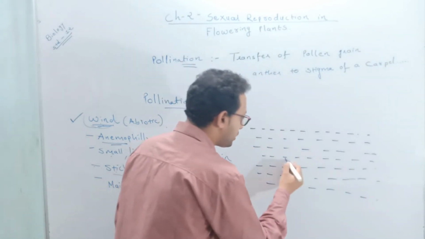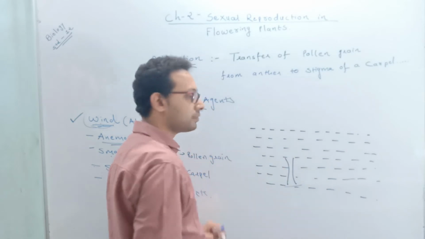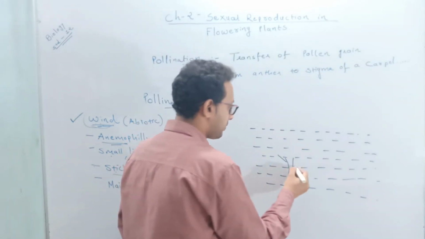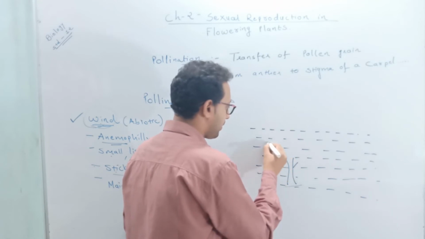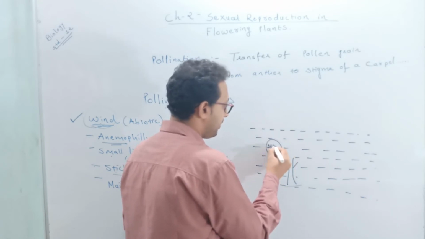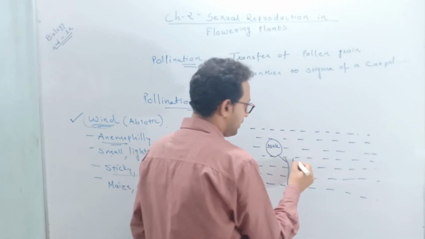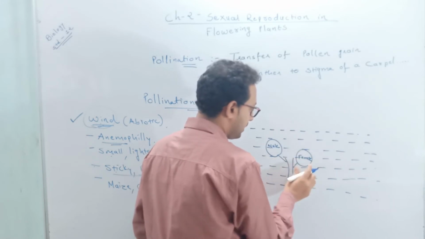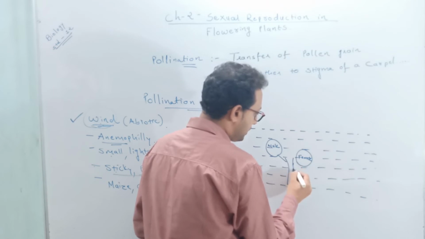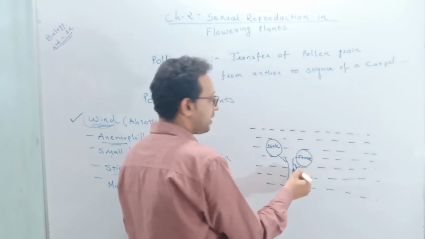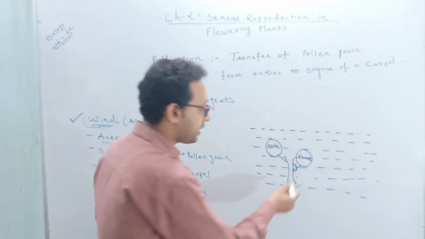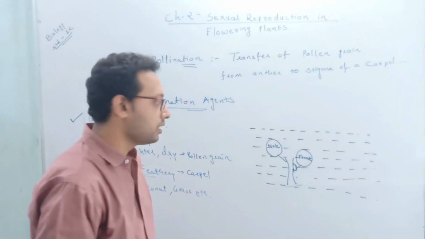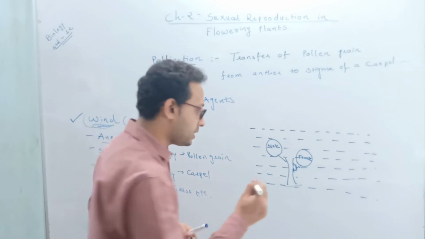So here the plant is present within the water. It has two flowers, a male flower and a female flower. The female flower has a long and highly coiled stalk. Both kinds of flowers are present in Vallisneria.